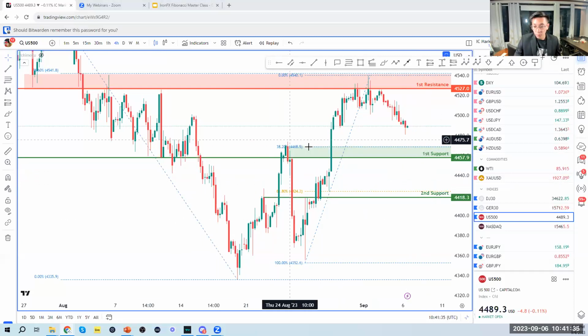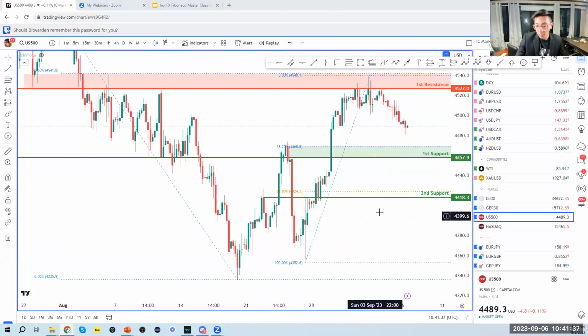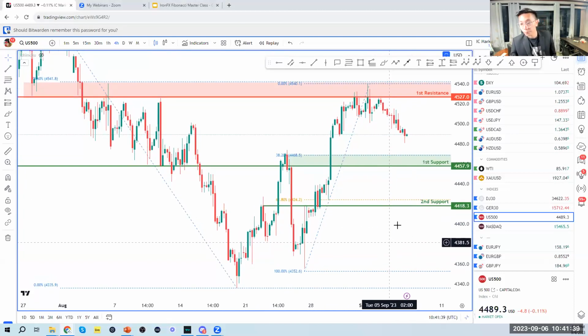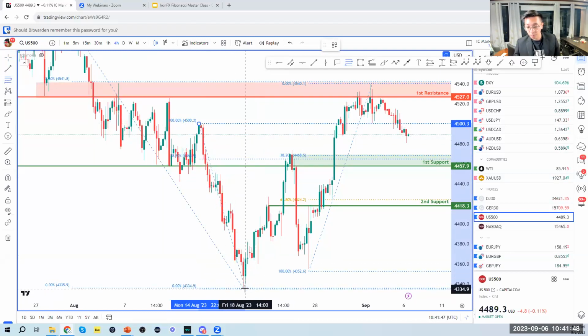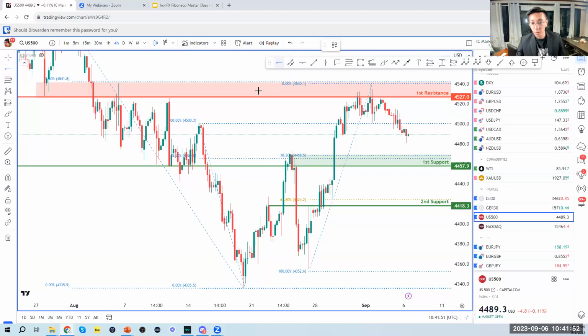So this is one pullback level, this is another pullback level. You can see right here that price came down and retraced at least 50%.